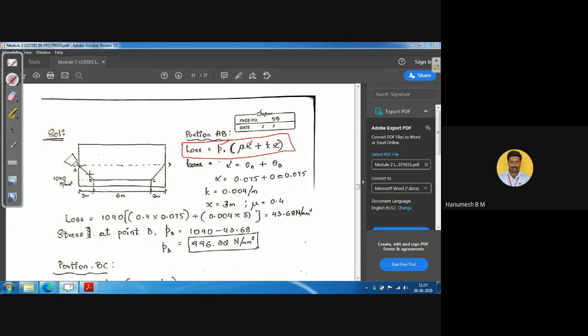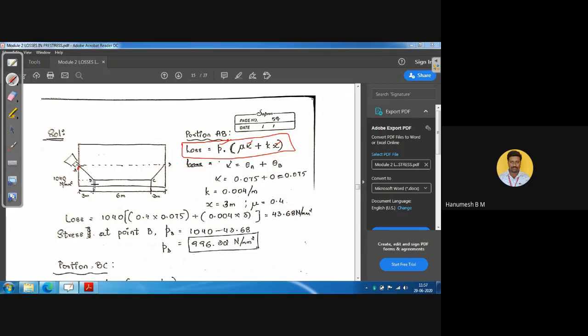Because if I consider the portion AB, this X distance will be equal to 3 meters. In the same way, if I consider the portion BC, this X distance will be equal to 6 meters. If I consider the portion CD, this X distance will be again 3 meters. Hence, these parameters will change, including P naught. Now, how will P naught change? If I consider the portion AB, P naught at the initial end will be 1040 Newton per mm square.